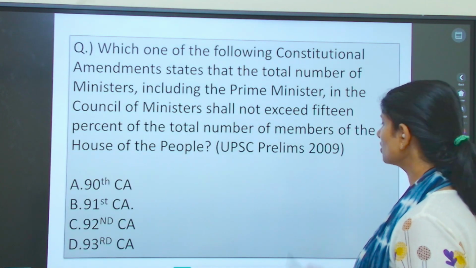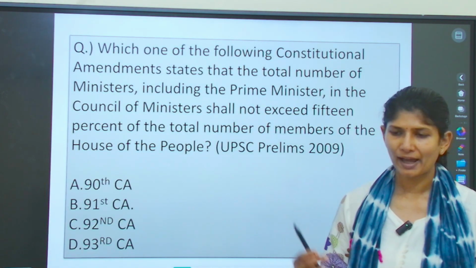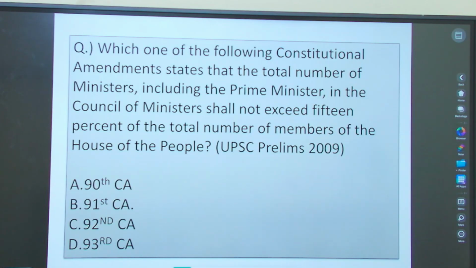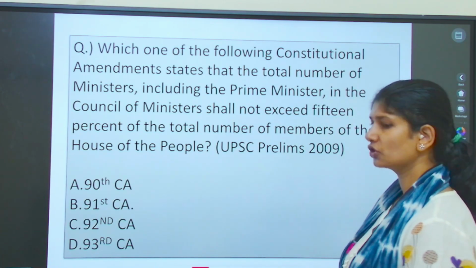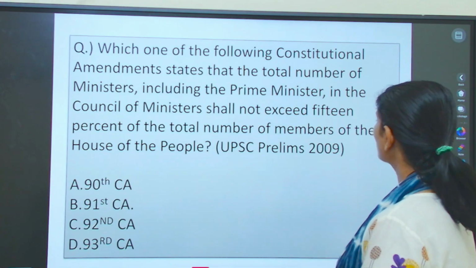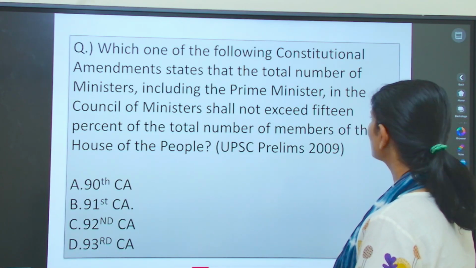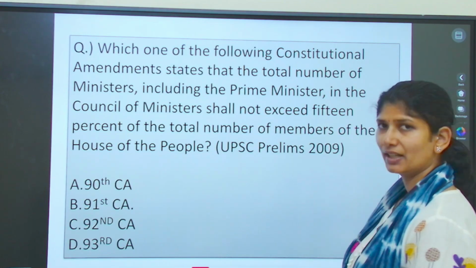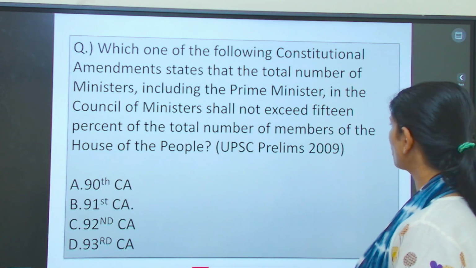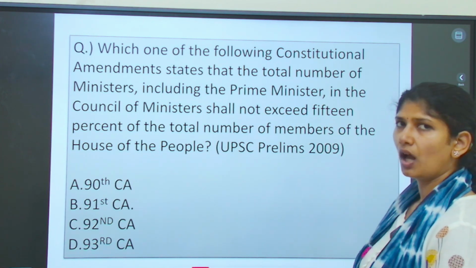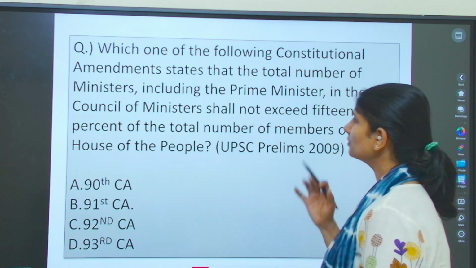Okay. Next is 2009 prelims question. Have a look at this question. Which one of the following constitutional amendments states that total number of ministers, including the Prime Minister, in the Council of Ministers shall not exceed 15% of total number of members of the House of People? In simple sense, what are they asking?